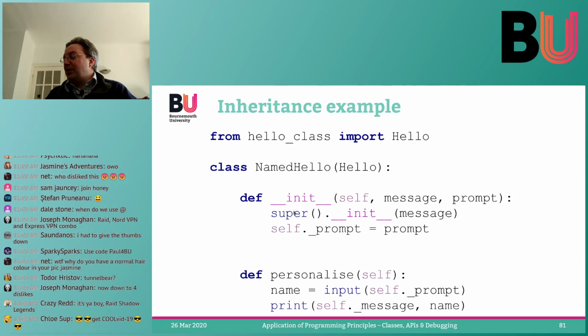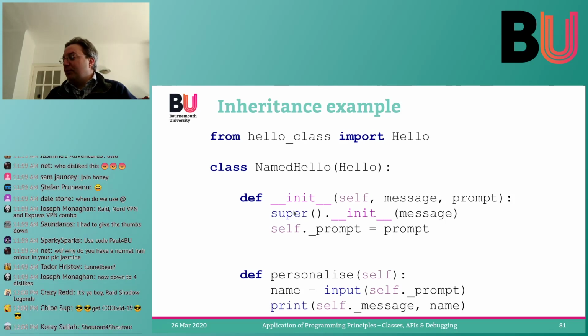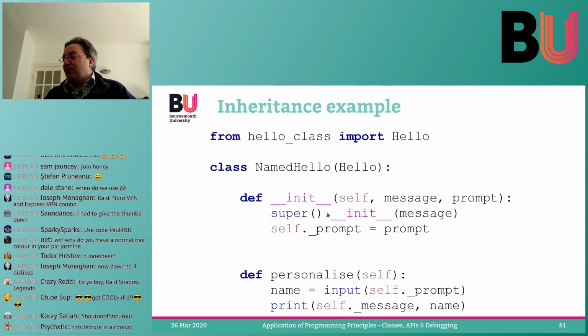Because Hello, as we just saw, takes one parameter in the constructor, which is the message, we use this special, not really a function, called super. We create the super object, and then we call the init function on that with the message. And then obviously we can set the prompt in addition to that.